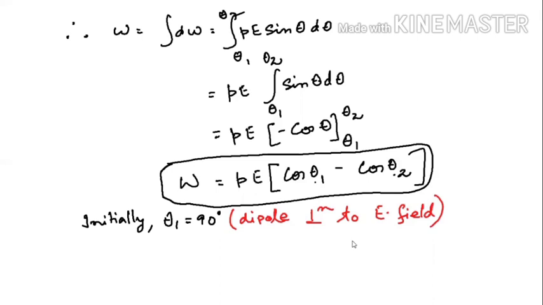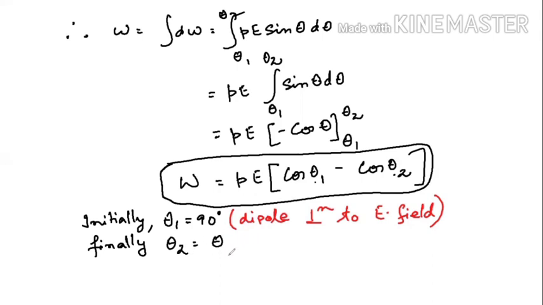And let's say that finally, when you have this dipole in the electric field and it rotates, your final value, which was theta 2, let's say it is theta.